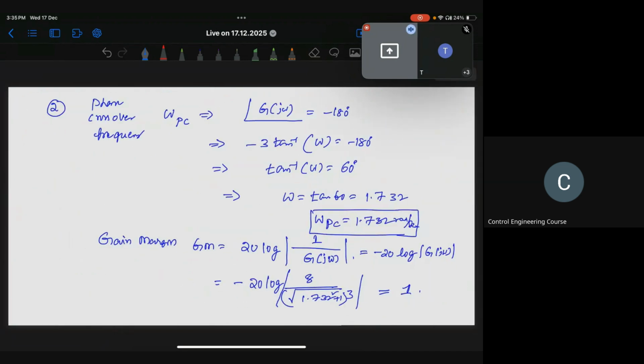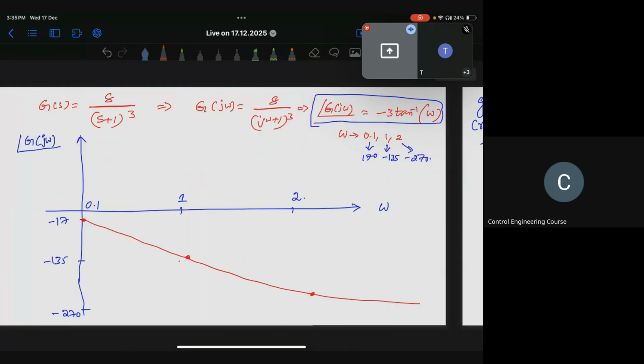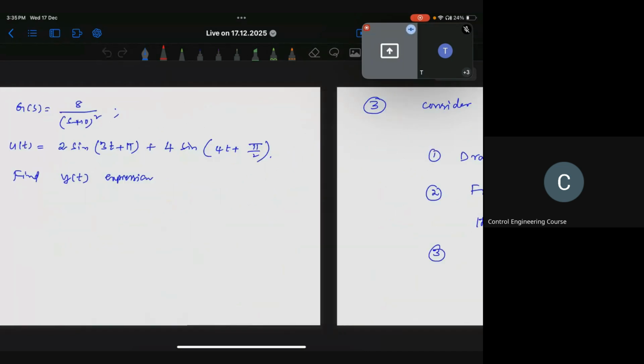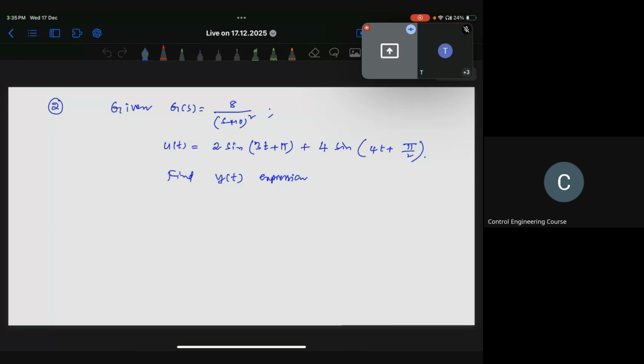Yeah, I think this problem, you can solve this second problem directly. You can find the Laplace transform of U of S, and you have the G of S expression.